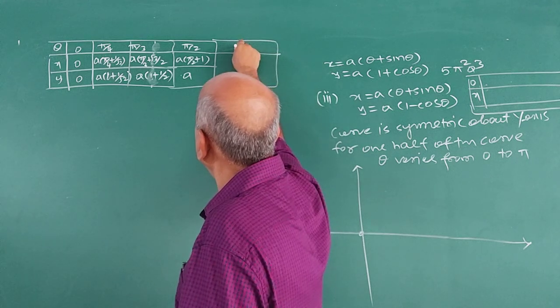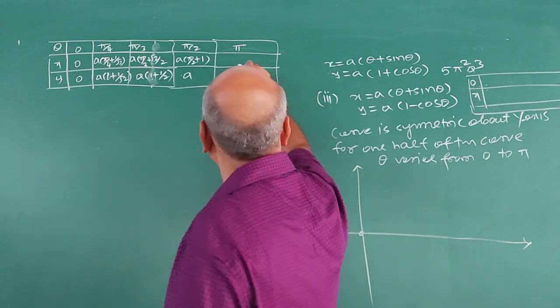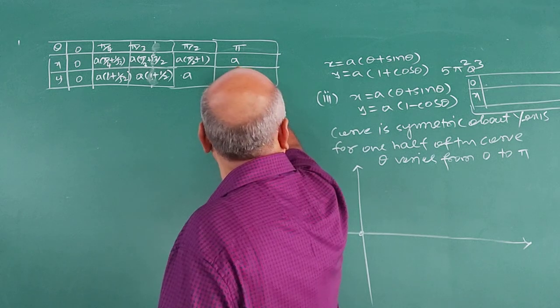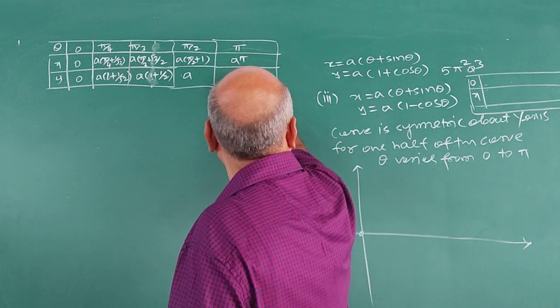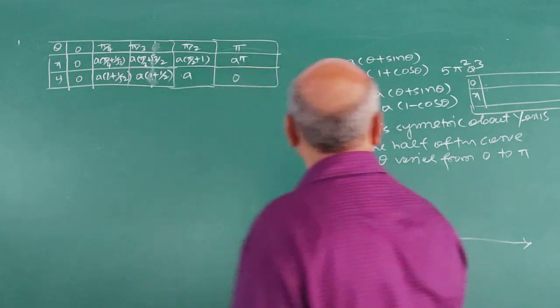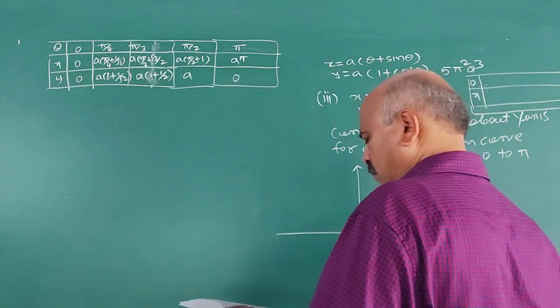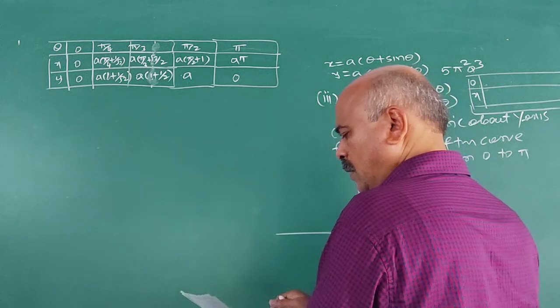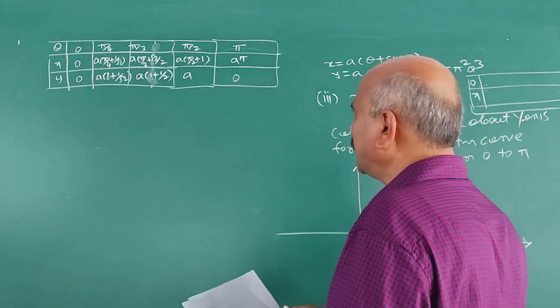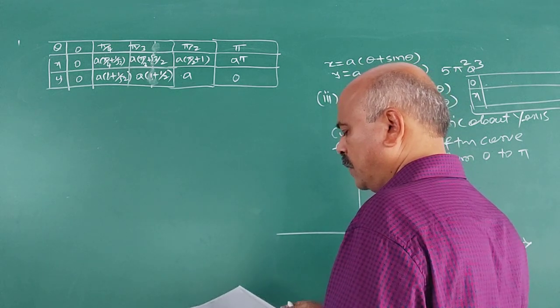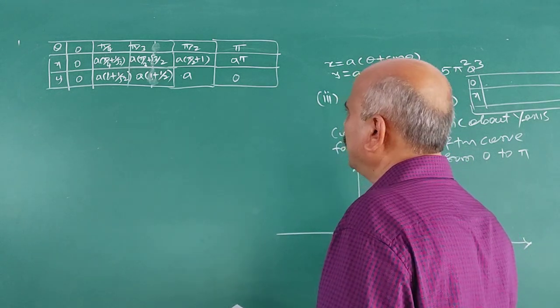When theta is pi, x is a pi. What is y? Is it 2a? Cos pi is minus 1.